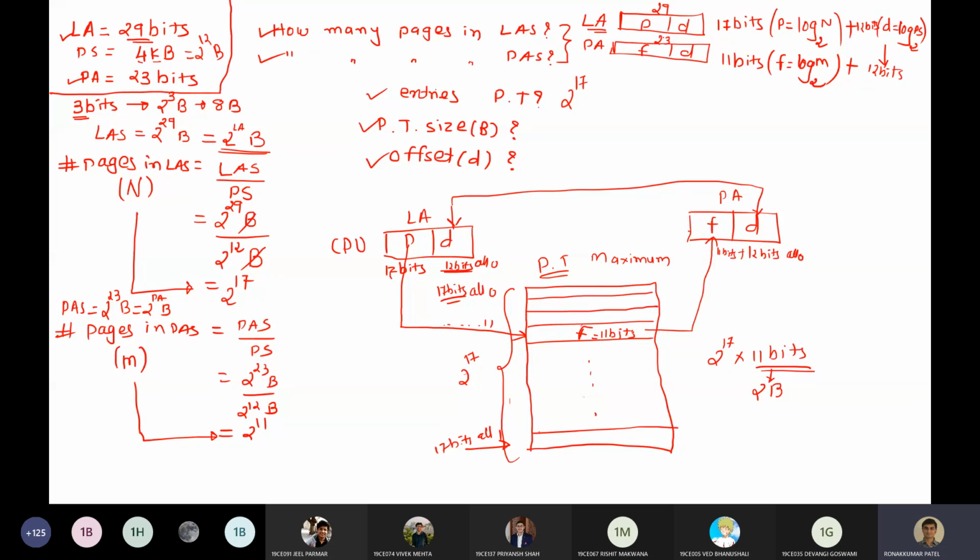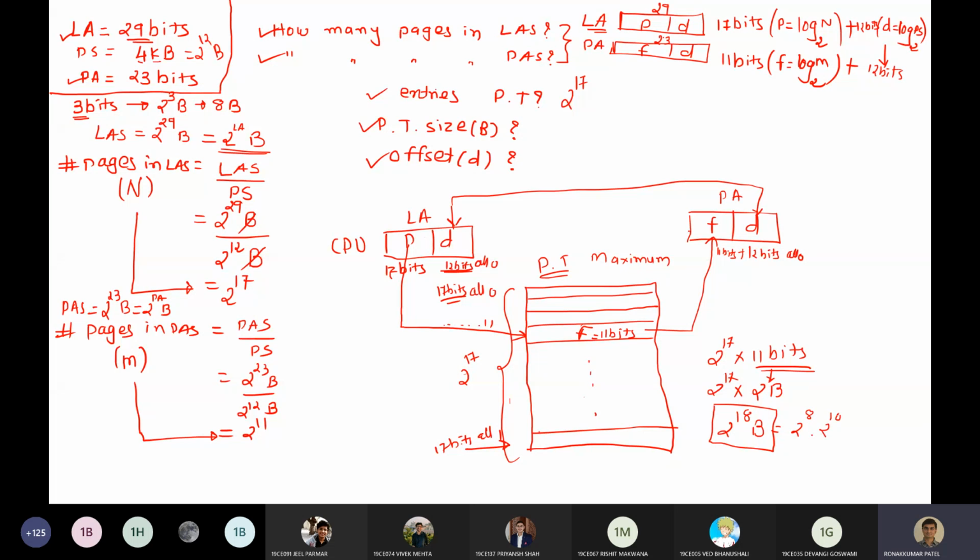For simplicity I have taken this as a 2 byte. So 2 raised to 17 into 2 byte, that is 2 raised to 18 byte. So 2 raised to 8, I can write like, you have been asked page table size in byte, so if you write this much, that is also fine, right?